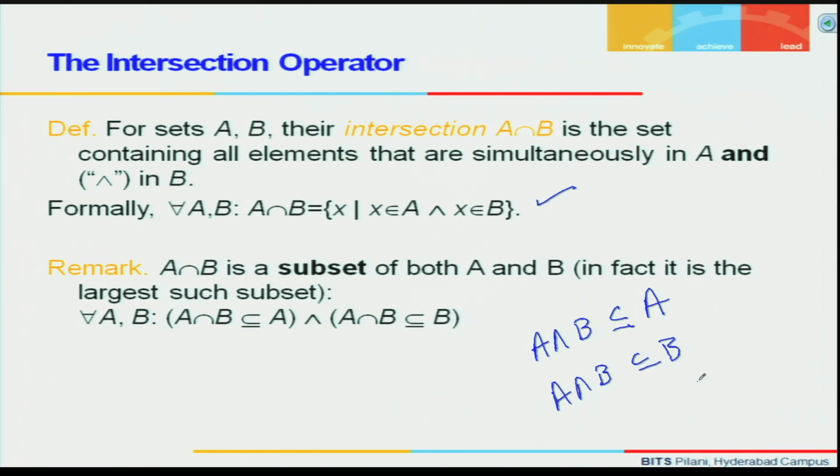But the only one quality this A intersection B is having, it is the largest subset which is contained in both A and B. There may be n number of sets which are contained in both A and B. Among all those sets, A intersection B is the largest set.